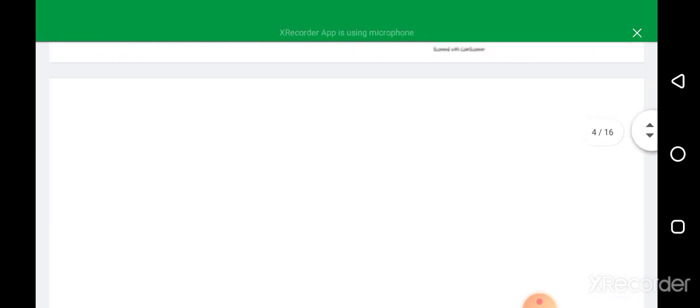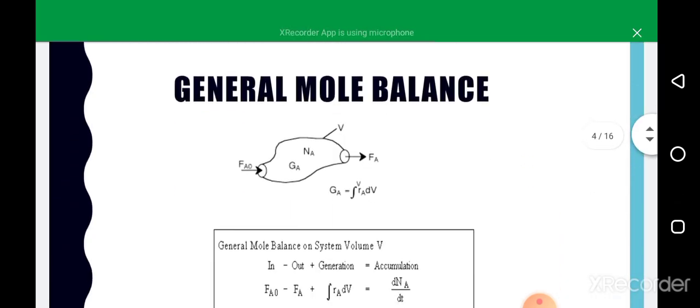Now the most important thing is the general mole balance equation. The general mole balance equation satisfies the ideal condition and real condition, and it simply says that the input is equal to the output.